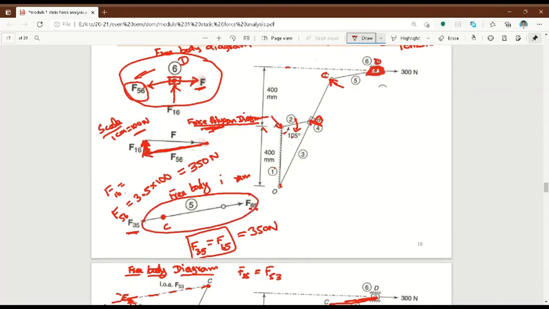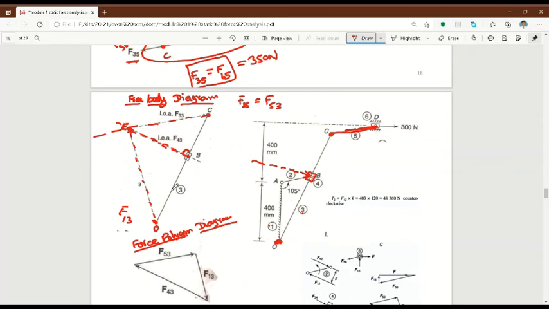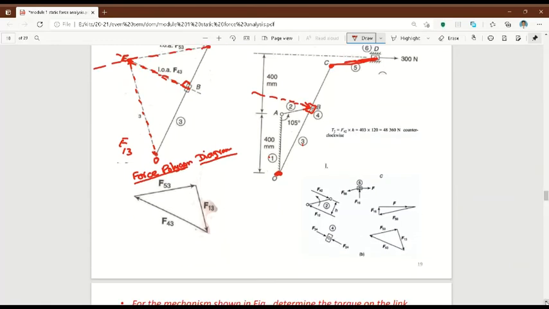Now one by one we are taking each link. Now we have taken OC, and for OC also we got all the force values.